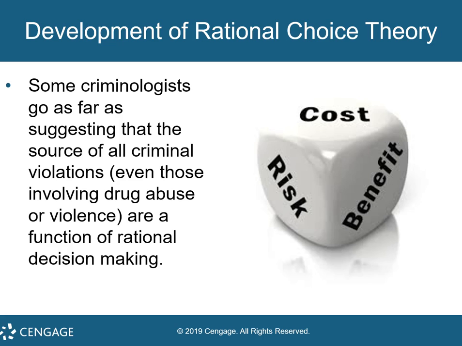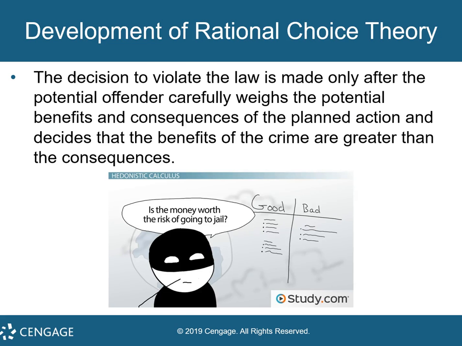So, in summary, some criminologists, again, go as far as suggesting that the source of all criminal violations, even those involving drug abuse and violence, are, in fact, a function of this rational decision-making. Because, you look at the die right here, there's kind of a cost, benefit, risk type atmosphere in here, if you will.